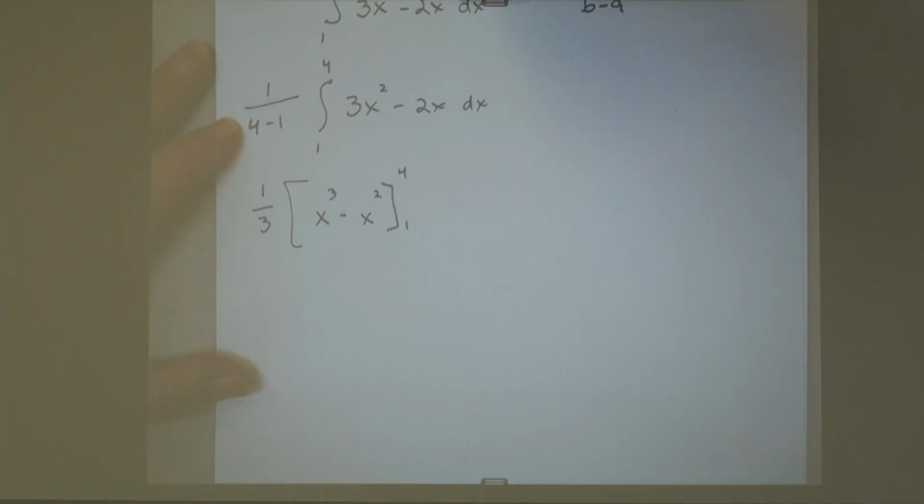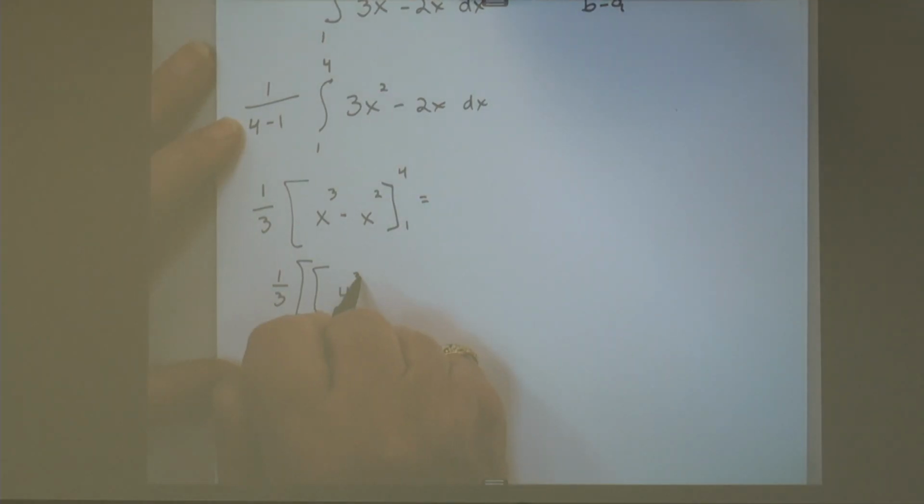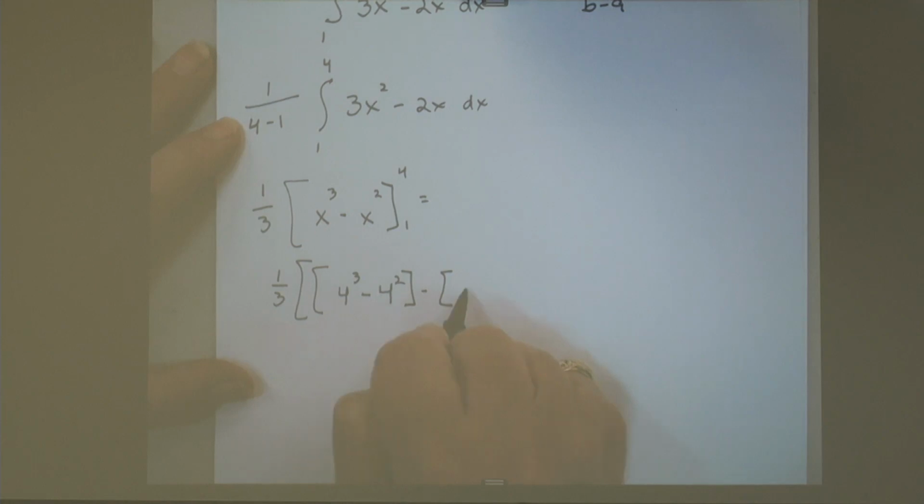So I have 1/3, 4 cubed minus 4 squared, 1 cubed, 1 squared.